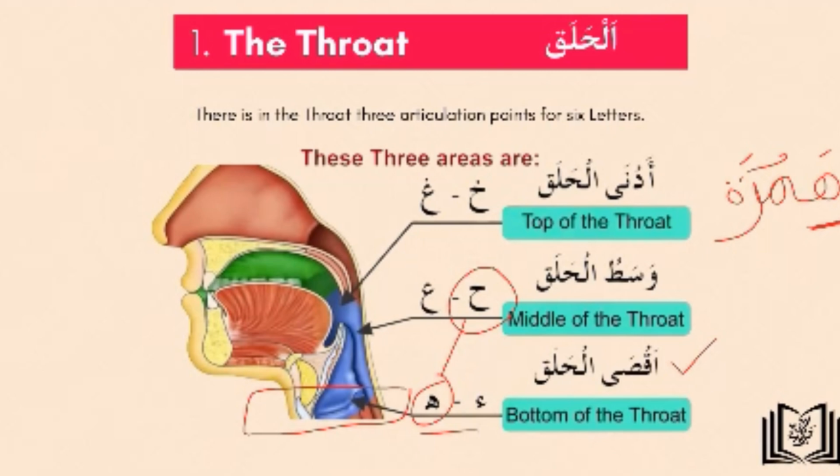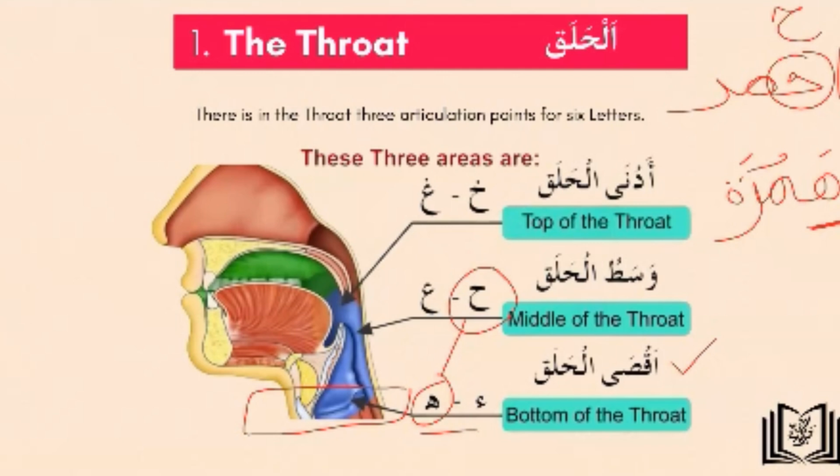So how will you say it? Because everyone makes a mistake. Everyone recites it with the deep ha, but it is a different ha. You have to recite the aqsal halaq ha from your deepest part of the throat, from the bottom of your throat.